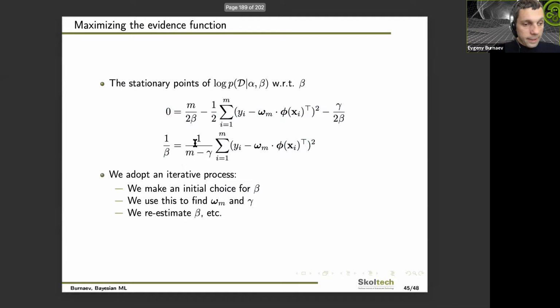That's it. And so again, we can perform iterations. So it is so-called iterative optimization. We make an initial choice for beta. We use this to find the estimate of the parameter vector W and gamma, and we re-estimate beta, and then we iterate.